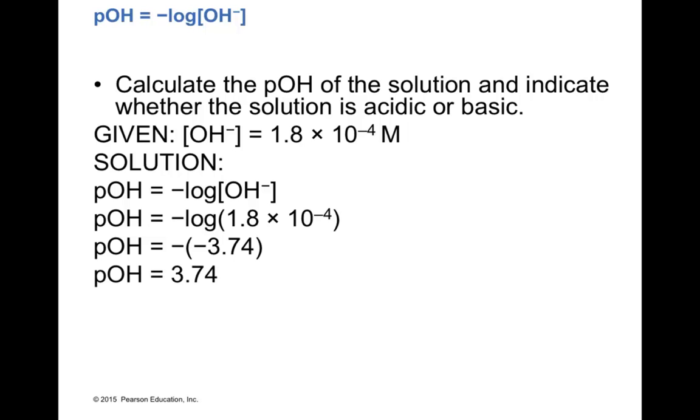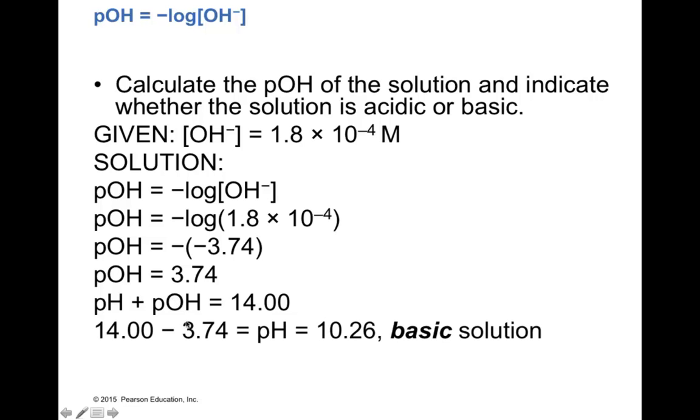Now, this is another equation that's going to help you. It's going to be much faster to determine the pH, the relationship between pH and pOH. So pH plus pOH is always going to be equal to 14. Okay, pH plus pOH is equal to 14. So if this is the pOH, we can substitute the pOH in this point, and we can calculate the pH. 14 minus 3.74 is equal to the pH of 10.26.